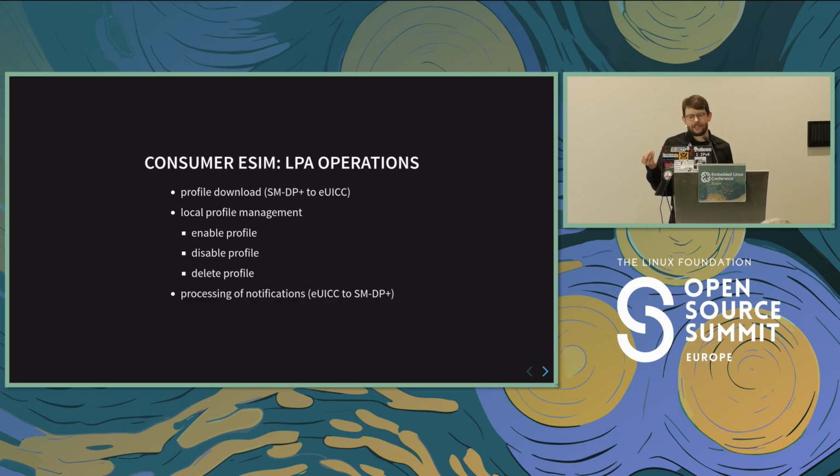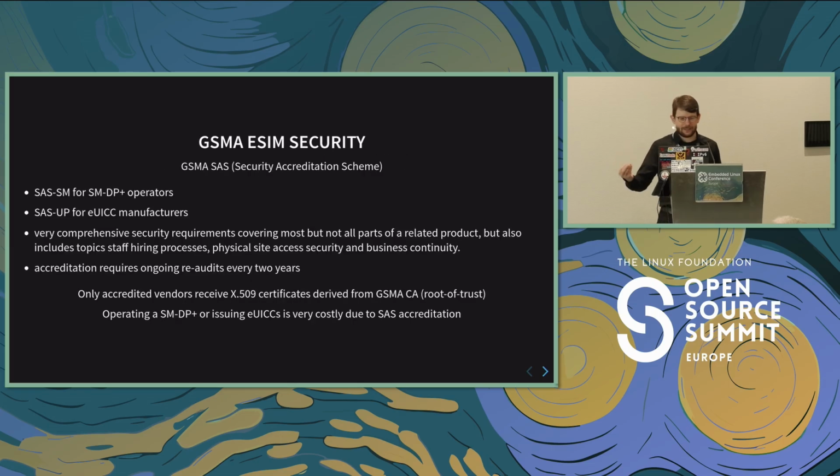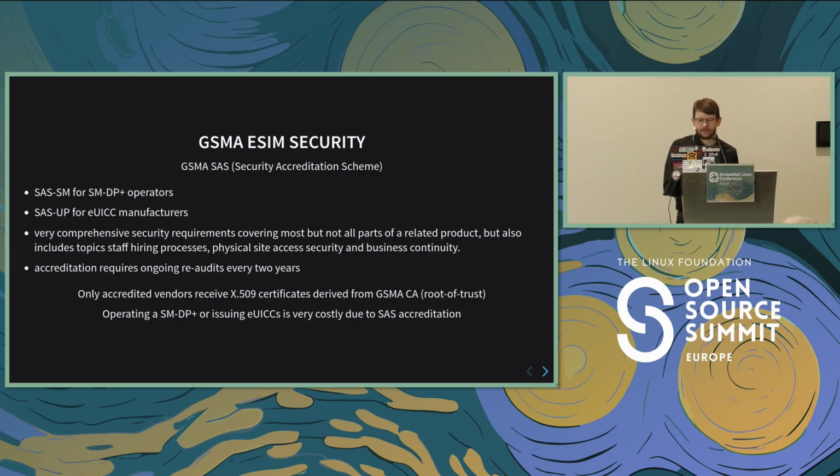And then those notifications are retrieved by the LPA client software and uploaded to the SMTP Plus server, so that the SMTP Plus knows about it, who can then notify over other interfaces the actual mobile operator who has issued that card that it has been deleted, for example, which then can trigger you to be able to order a new eSIM profile for that subscription because the previous one has been deleted, and there's a cryptographic proof that the deletion has happened, which is in the eUICC, so unless you can compromise that one, nobody can spoof that.